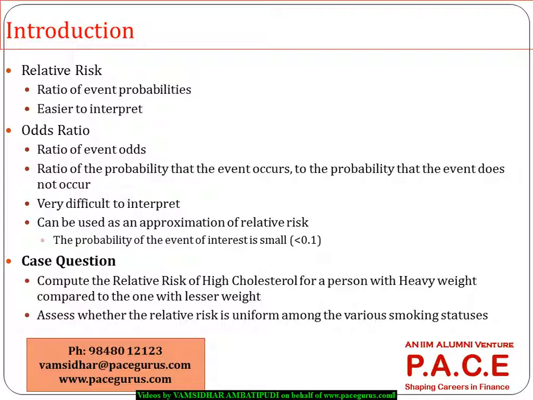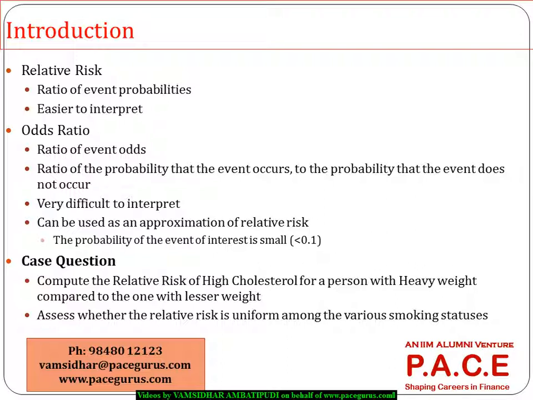But on a simpler note, it is nothing but the chance of occurrence of the outcome being higher when a person has a particular symptom versus not having a particular symptom. So this is the kind of relative risk analysis that we are looking at.